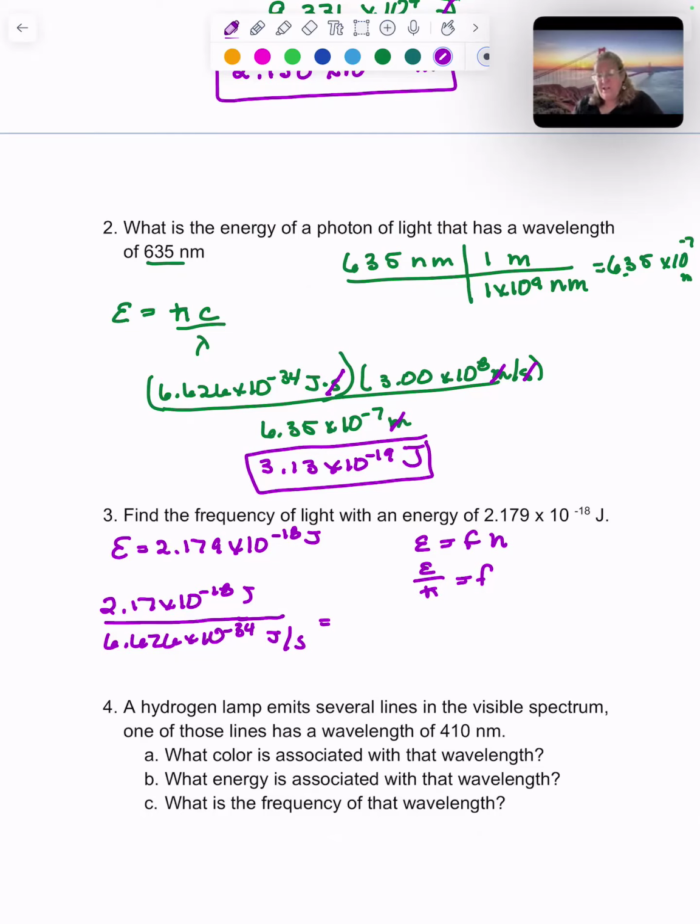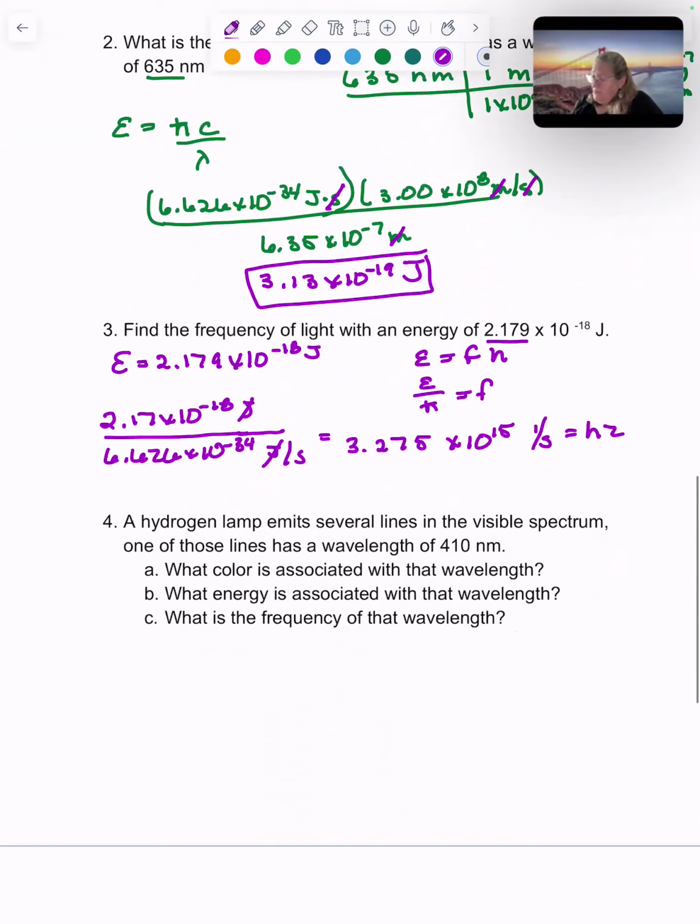I'm going to use the change sign button again. And this is going to give me, I need 4 significant figures, 3.275 times 10 to the 15. And this joule is going to cancel this joules. So we're going to get 1 over seconds, which is the same thing as a hertz for our frequency unit.